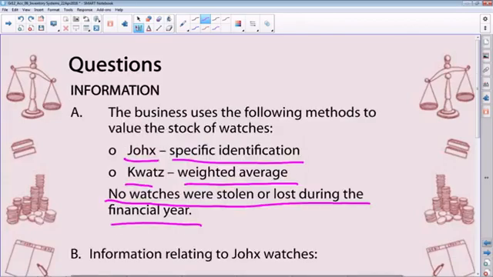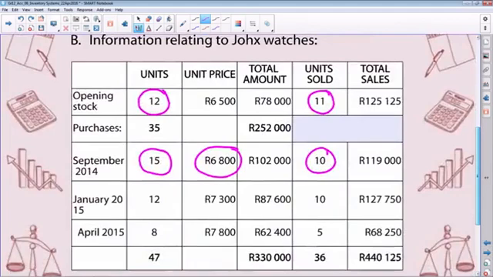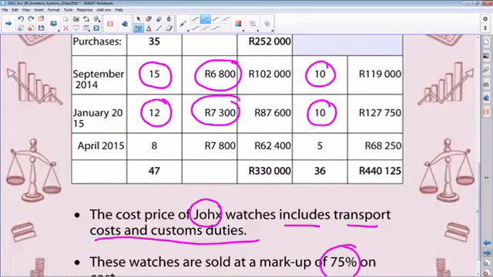Okay, then we go back and see the next item that we've got to deal with. The next unit price is 7,300, and these units we had purchased 12, but we've only sold 10, meaning that you've got 2 left over at 7,300.